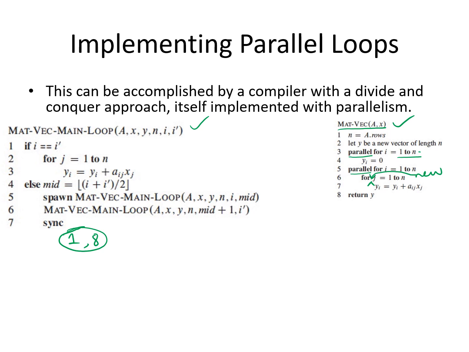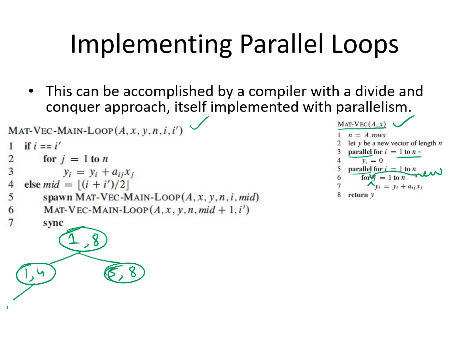Then eventually you will sync, so that you proceed only when both halves of iterations have finished. For example, in the first step, the compiler can spawn iterations 1 to 4 on one machine, so that they execute in parallel to iterations 5 to 8 on the original machine. Then recursively this will go on.